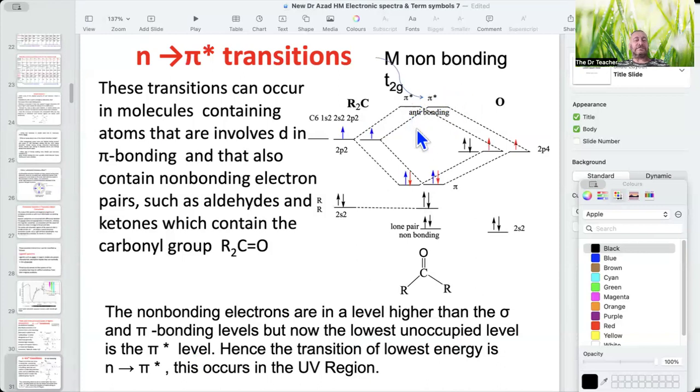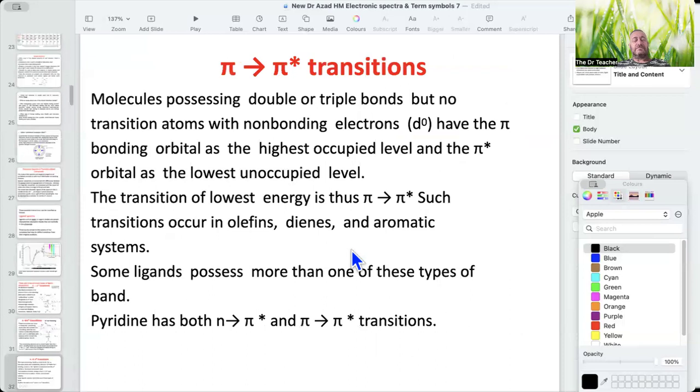It means it's ready to receive electrons from other orbitals. So the transition of the lowest energy is n to pi star. From the lone pair to the pi star, this is the transition, and this will give a spectra in the visible region.